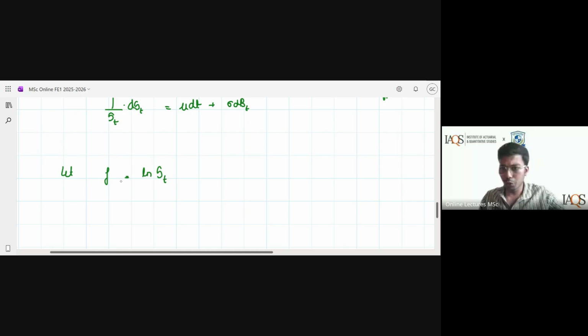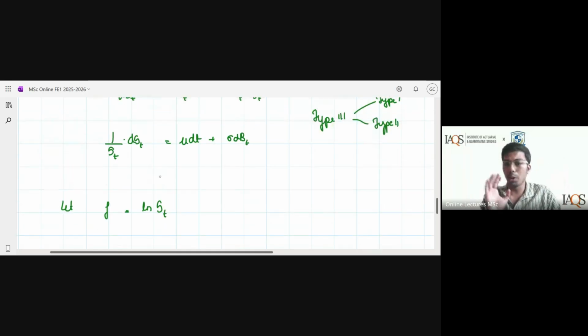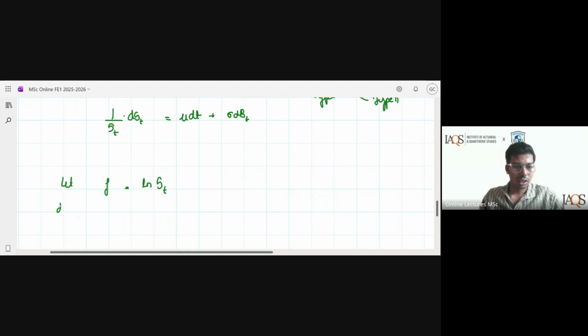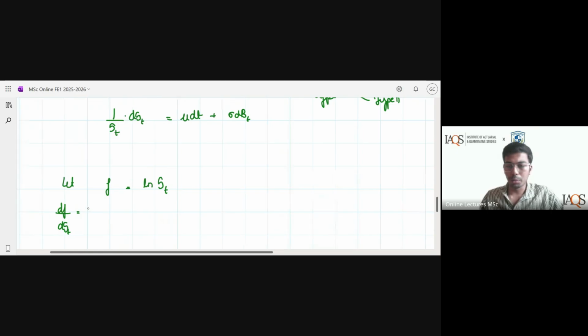All right. So before that, everyone understood over here what I did? I created a new function f, which I'm saying will be log of St, because looking at this, I know that this type of SDE will be somewhere of the log of St. That is why I'm creating a new function log of St. What do I need? df by dSt. What will be df by dSt?